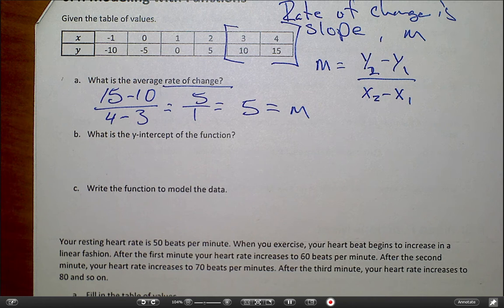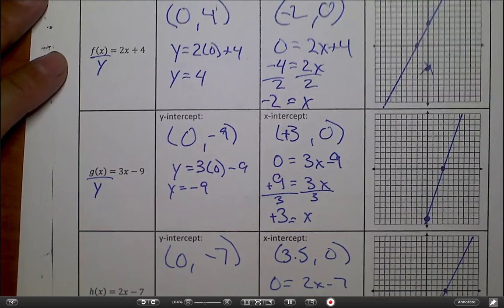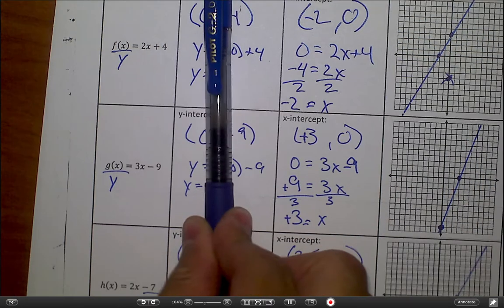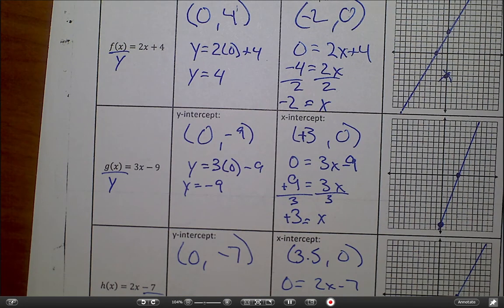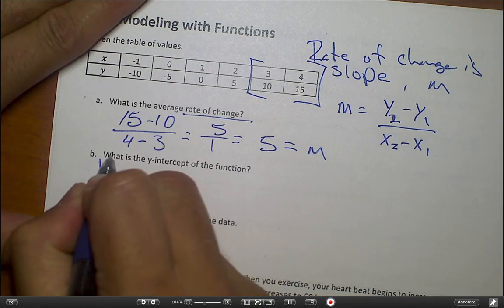Now, what would be the y-intercept of this function? Now, look closely at all these y-intercepts right here. What is common with all those? All the x is 0. So you're saying when the x is 0, that's the y-intercept. So when the x is 0, y is negative 5.